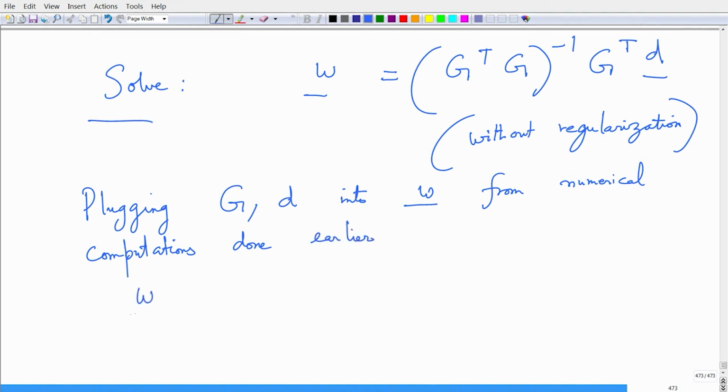You can verify that this weight vector is going to be minus 2.5, minus 2.5, and this bias is going to be plus 2.84. Okay, and this is consistent with what we have, right.